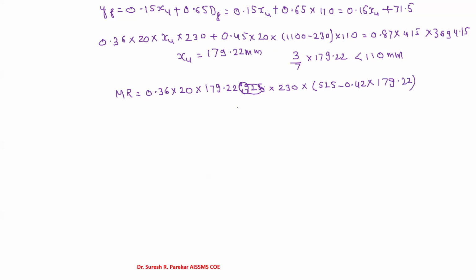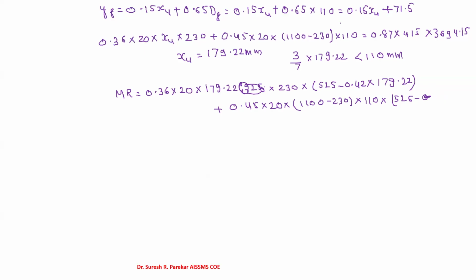Then we have plus 0.45 fck, Bf minus bw, into Df we have 110. In bracket d we have 525 minus Yf by 2.